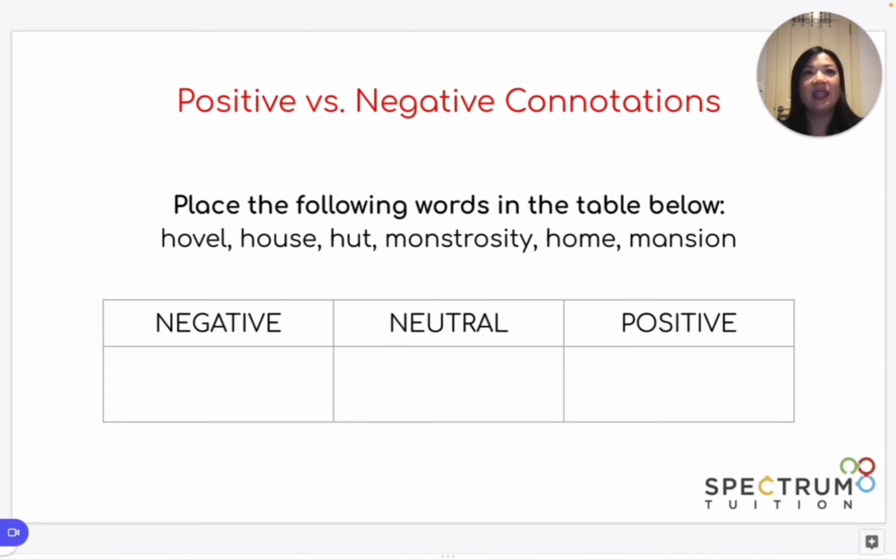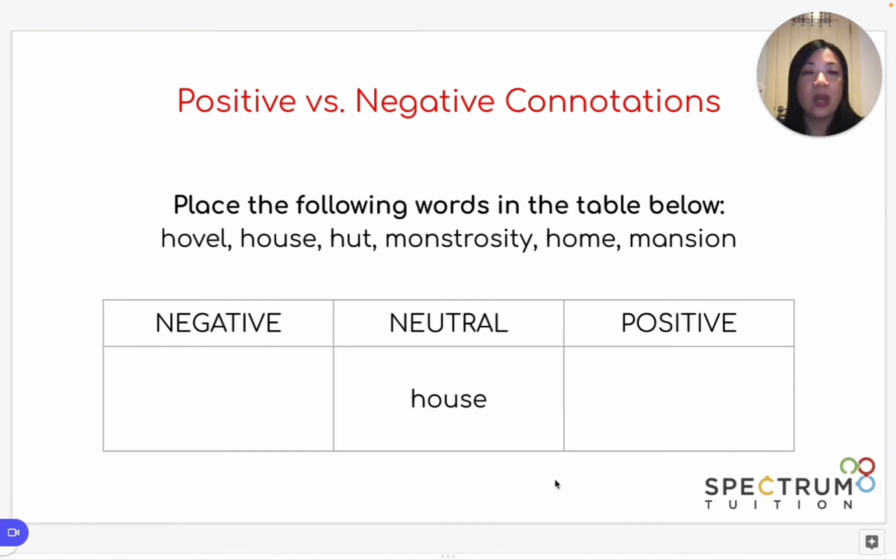Okay, fantastic. So let's have a look. So we have neutral is house, right? Doesn't evoke any emotion at all. Then you're looking at negative, which would be a hovel. Okay, so quite a dirty dwelling there.